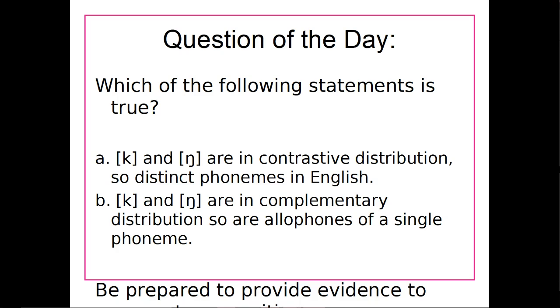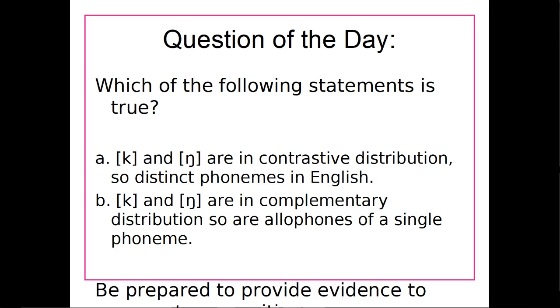So I have another quick question for you, to get you thinking again about what might trigger one sound versus another sound. Look at these two statements and try to think of which of these are true. In this first one, we have k and ng. So we have the voiceless velar stop, and then we have the velar nasal. So k and ng are in contrastive distribution, so distinct phonemes in English.